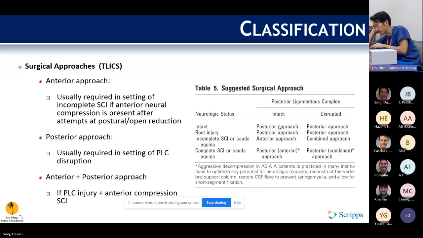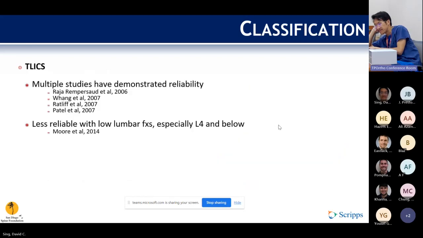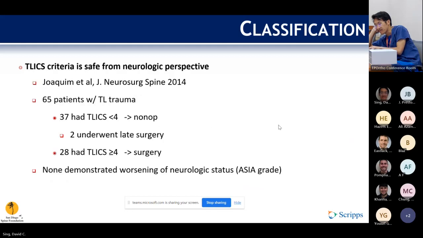Oftentimes you have to think through if both approaches are needed. In general, using this algorithm has been pretty reliable, with some studies showing that based on that algorithm, most patients do well in the sense of not getting worsening neurologic status.